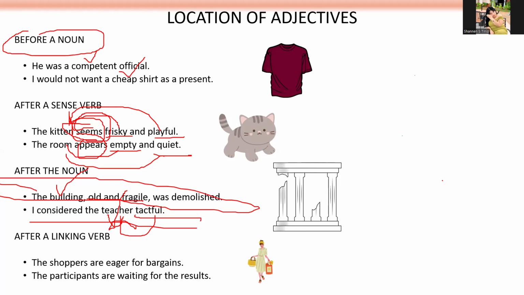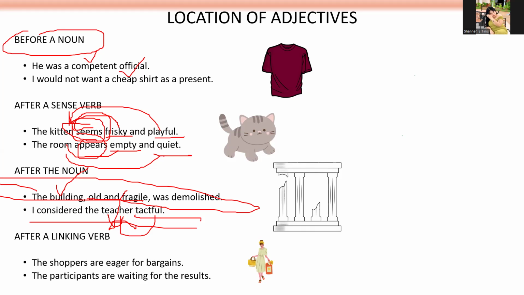Meet Adam, a basketball player, young and competent. Hi, welcome to the class. Meet Adam, a basketball player, young and competent. What are the adjectives that I use to describe Adam or the basketball player? Yes, and I located the adjectives after the noun.